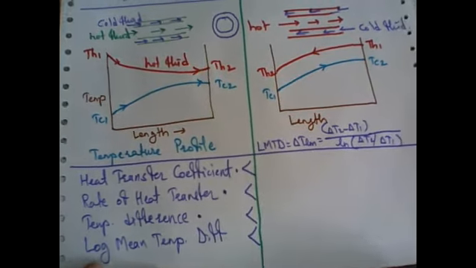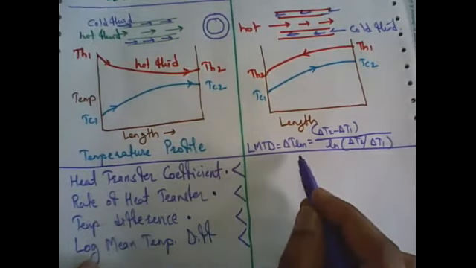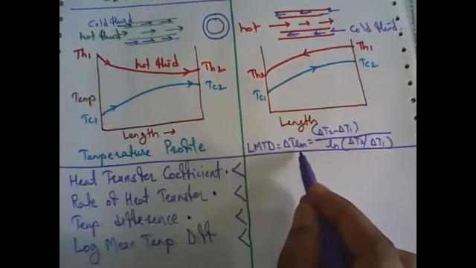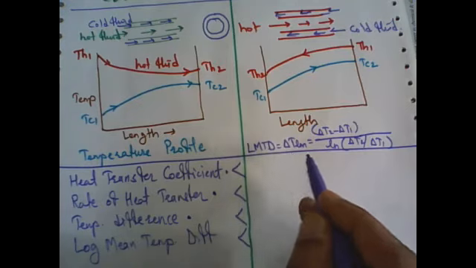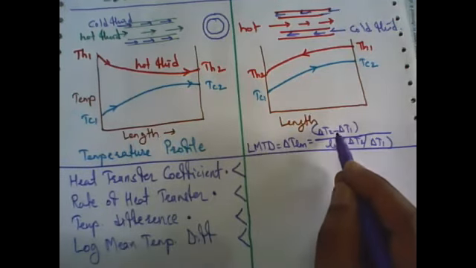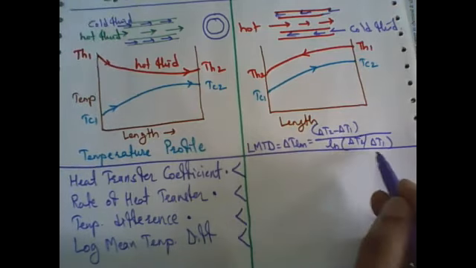So this is the formula for log mean temperature difference. It is indicated by delta T suffix Lm. So Lm is nothing but the log mean, and temperature difference we know that delta T value, right? So it is the ratio of difference in temperature differences to the ln of the ratio of temperature differences.